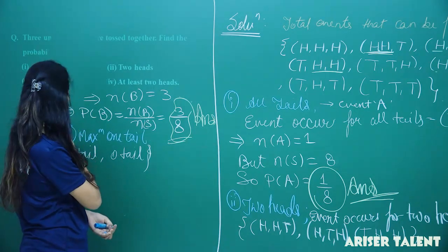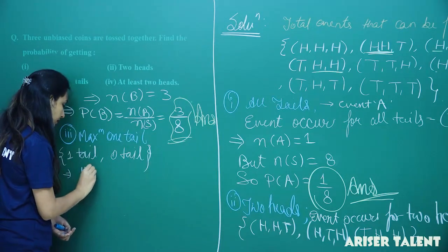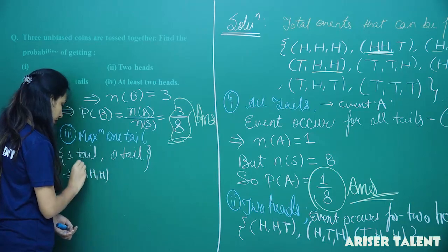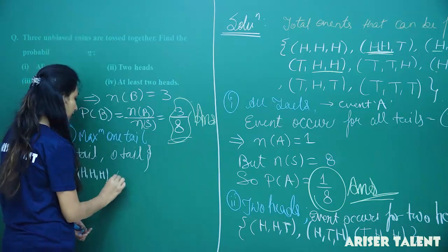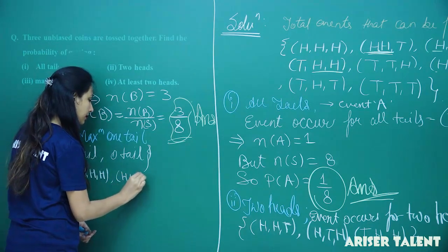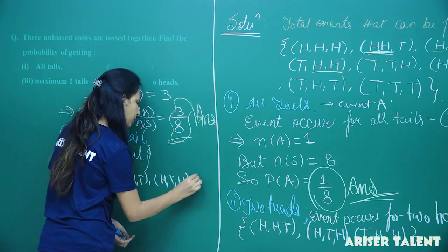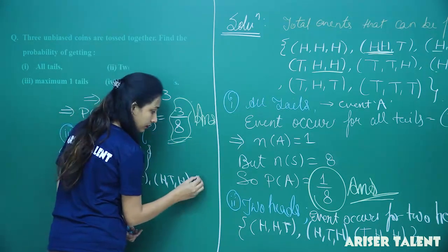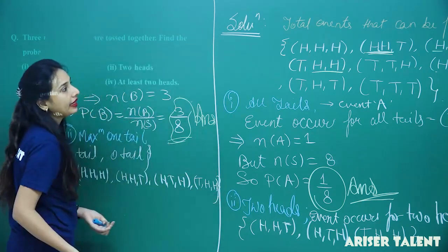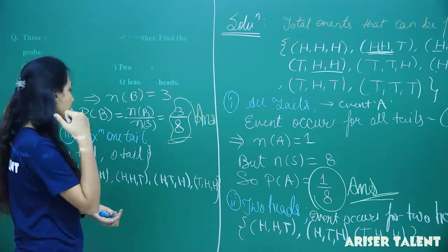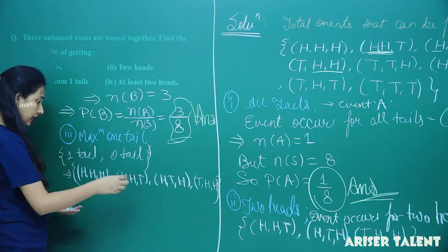So which outcomes are those? In the first one there is HHH, this one. Then the second one HHT, then the third one HTH, then the fourth one THH. After that we have 2 tails, 2 tails, 2 tails and 3 tails, so they are out of context here.